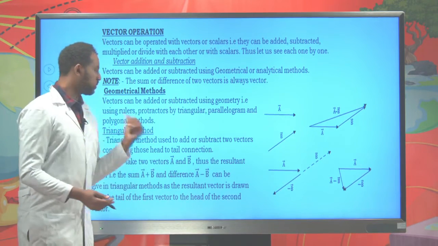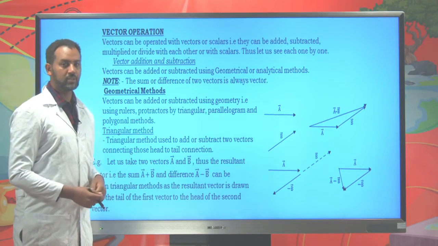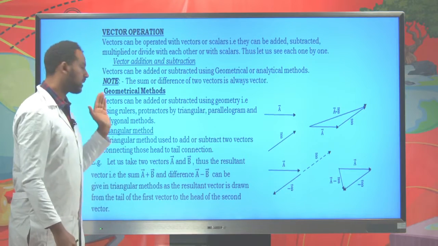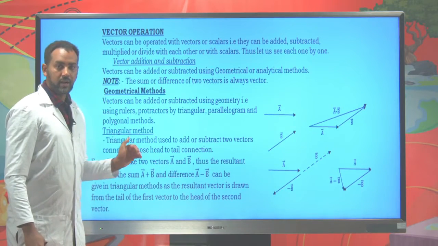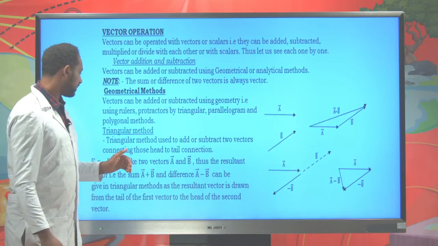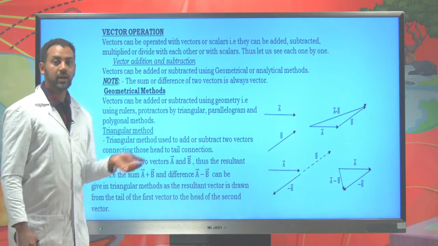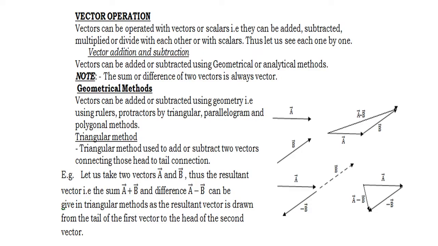The most common geometrical means of adding and subtracting vectors are the triangular, parallelogram, and polygonal methods. Actually, the triangular and parallelogram methods are used for only 2 vectors. But the polygonal method is very helpful to add and subtract more than 2 vectors.